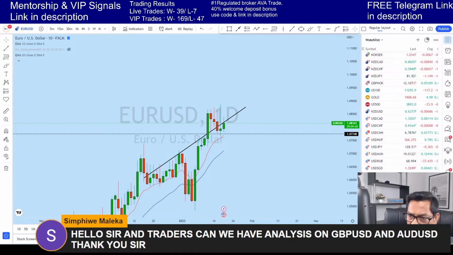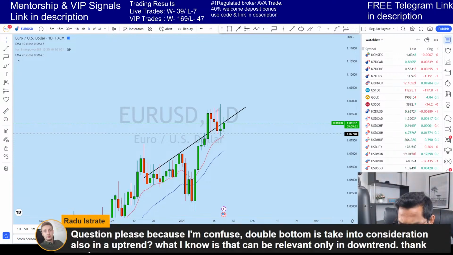Question please, because I am confused. Double bottom is taken into consideration also in an uptrend. What I know is that it can be relevant only on a downtrend. Thank you. So what do you mean by question please? Because I'm confused.